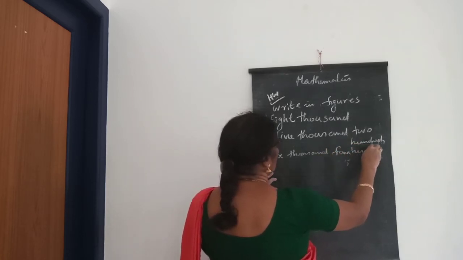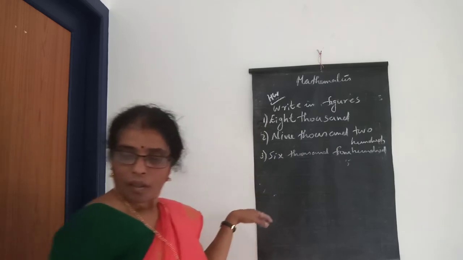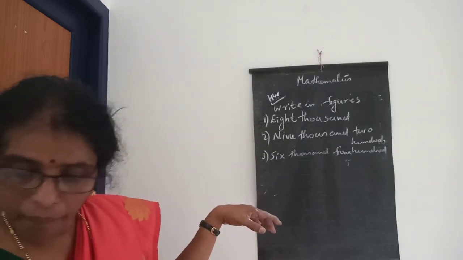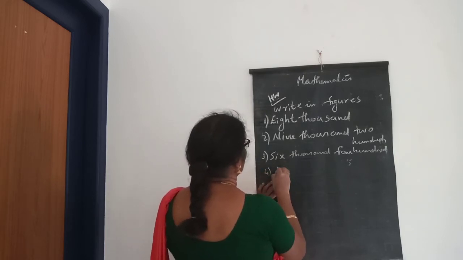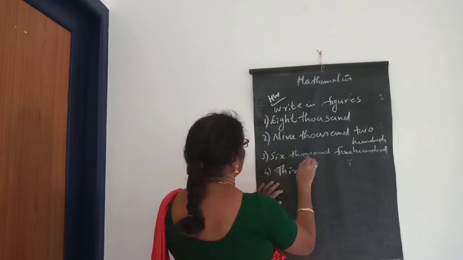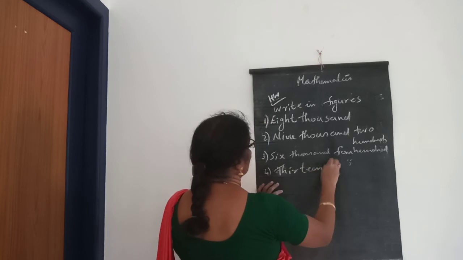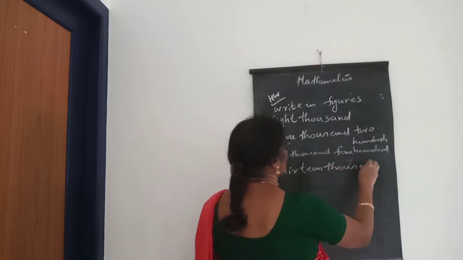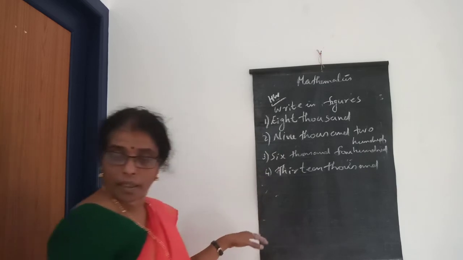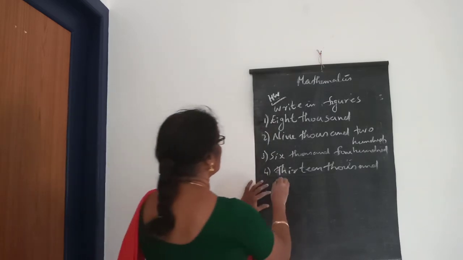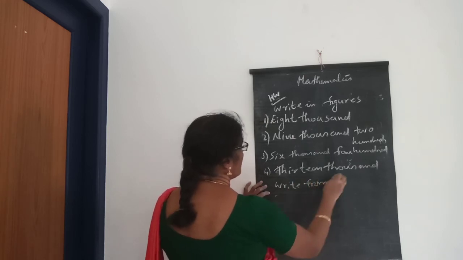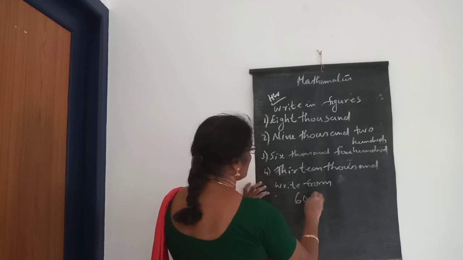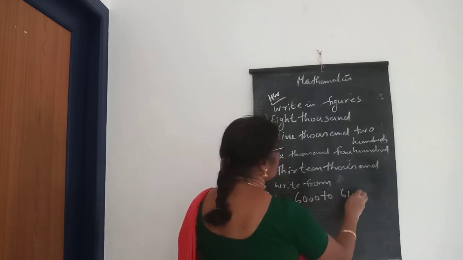Then 13,000. Then write from 6,000 to 6,100.